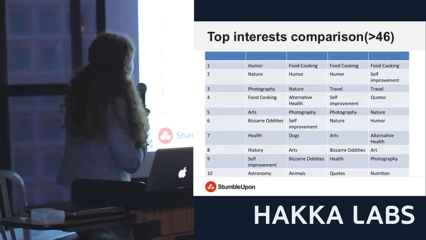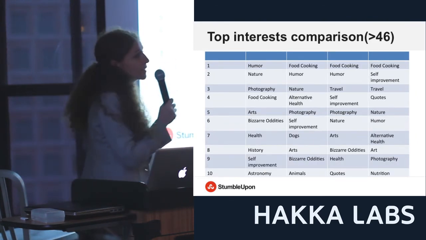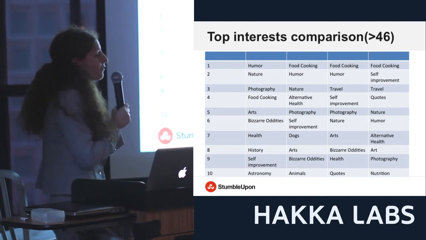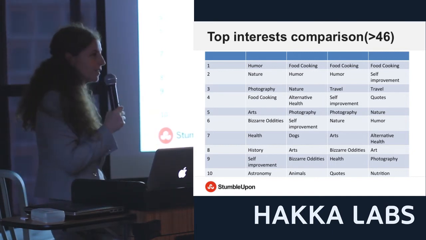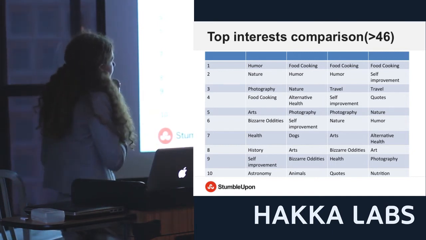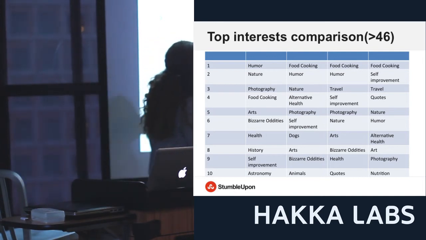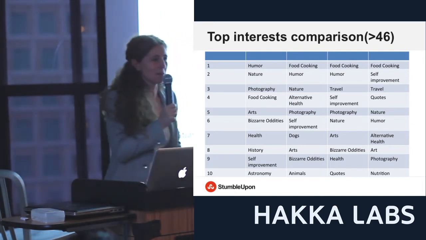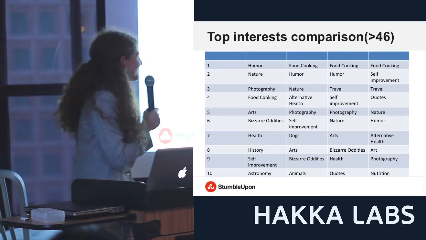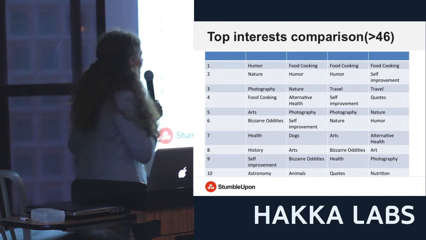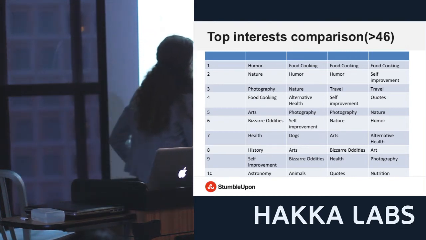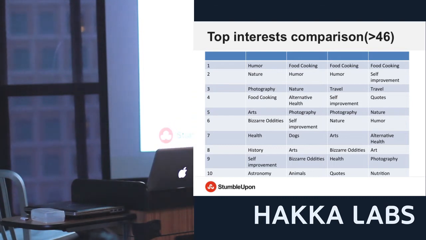Similarly, this is the top comparison for over 46 years old. Now food cooking is over, so everyone eats after 46 and they want to eat well. But you will see that for women, for example, there is health. Health is something that everyone cares about.